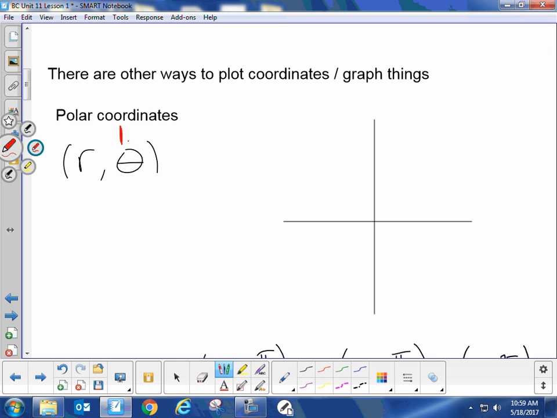We are first going to start with this theta. Theta is the math way of saying an angle. So this is going to be an angle on which my point is placed. And then we will go to the r second. And r, think of it as a radius, is a distance away from the origin.